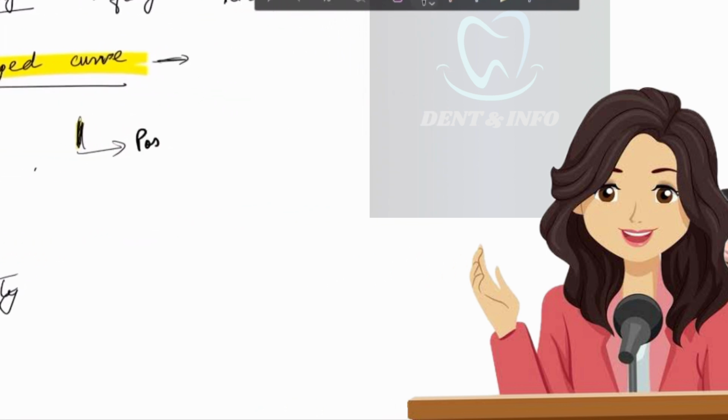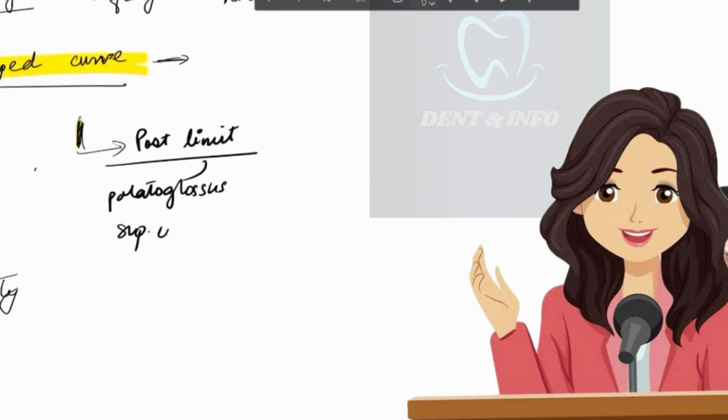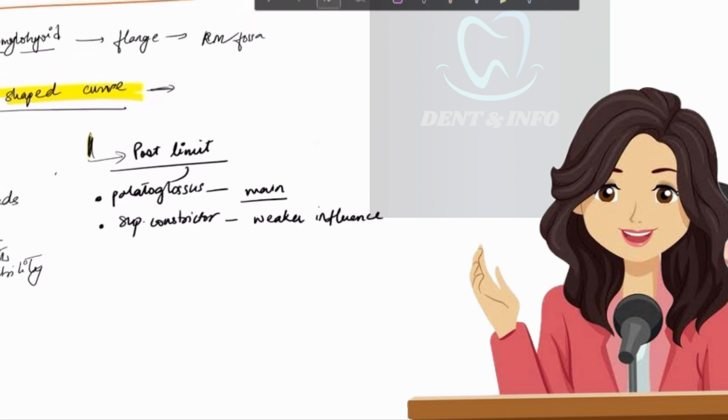Mainly, what is very important for the posterior border is the limit. The posterior limit is governed by which muscles? Palatoglossus mainly, and superior constrictor. If the superior constrictor has a weaker influence, the main influence is your palatoglossus muscle, which is going to determine the posterior limit or posterior border of your denture.